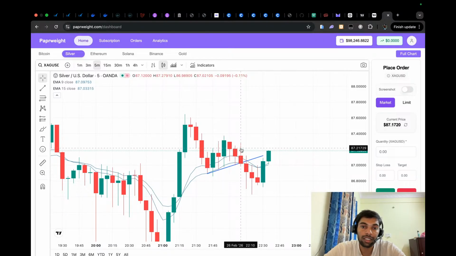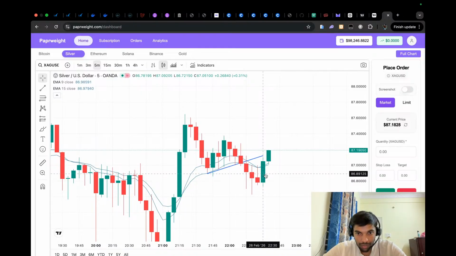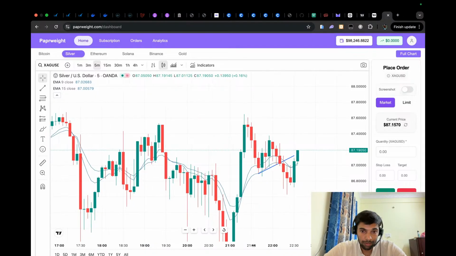As soon as the buyers came, it flushed out all the buyers and invited sellers to come in the downward direction. As soon as the sellers came, it threw out all the sellers by making such good green candles.